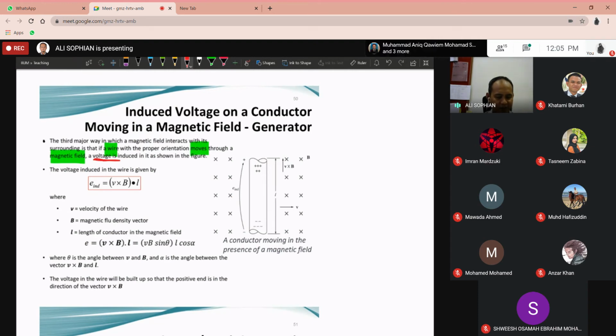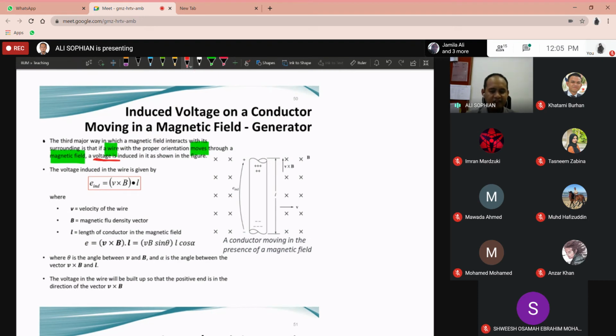We have a new quantity here that has not been shown before, which is V. V is the speed, the velocity of the wire with respect to B, where B is the magnetic flux density. So it has to be moving relative to the magnetic field.